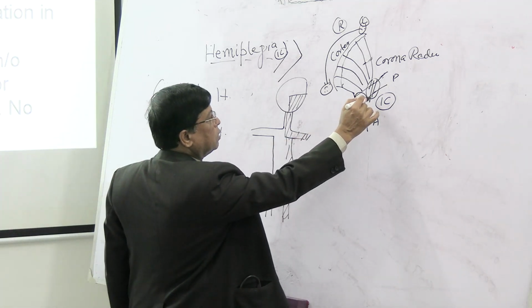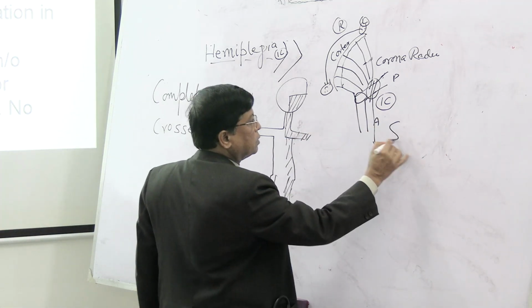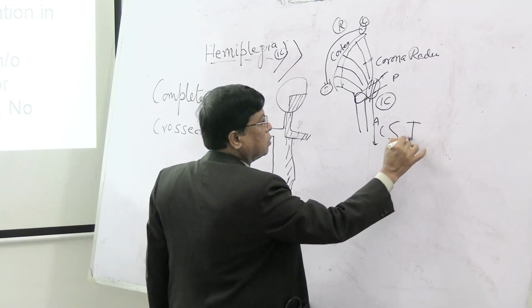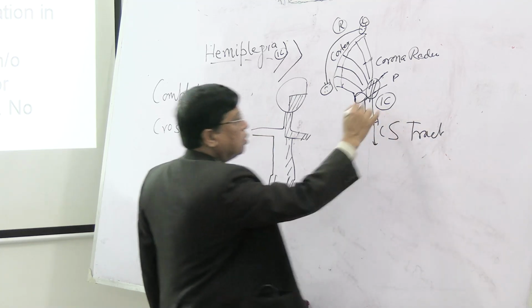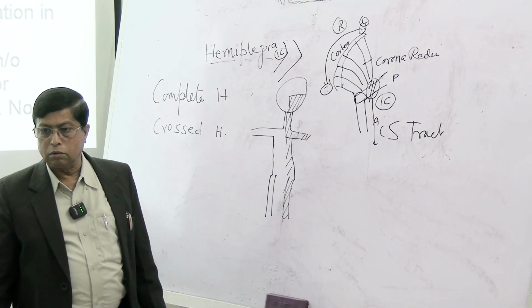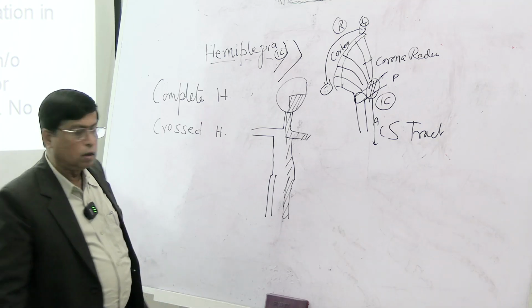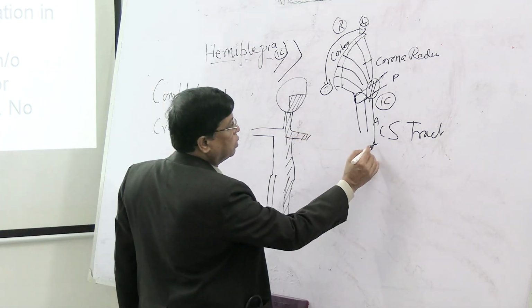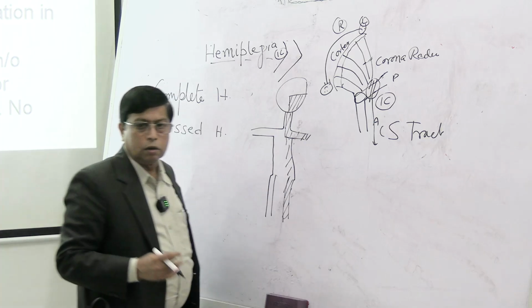After that it forms the corticospinal tract. Now the fibers are coming down, the corticospinal tract, and then it comes to the midbrain.